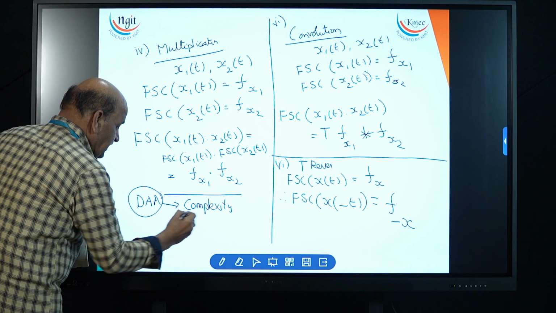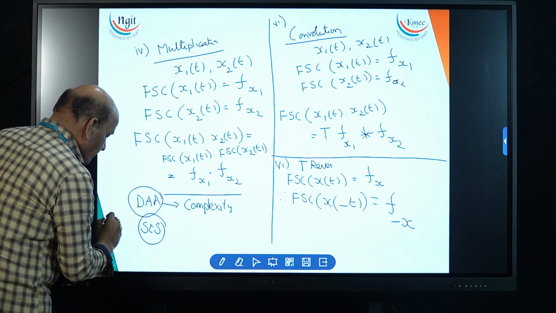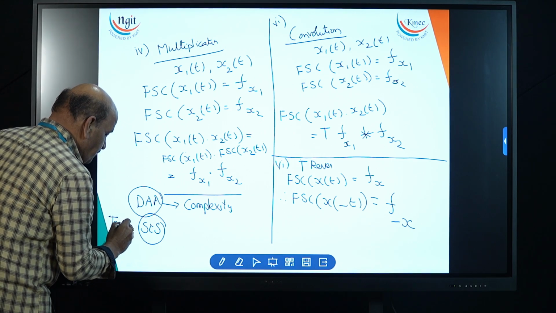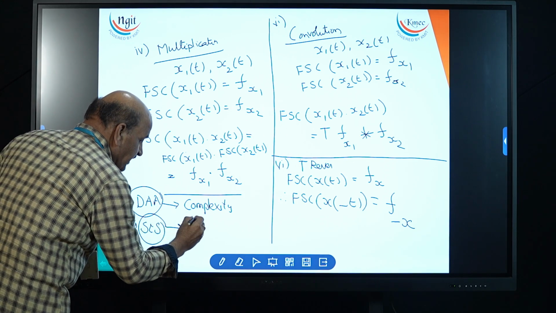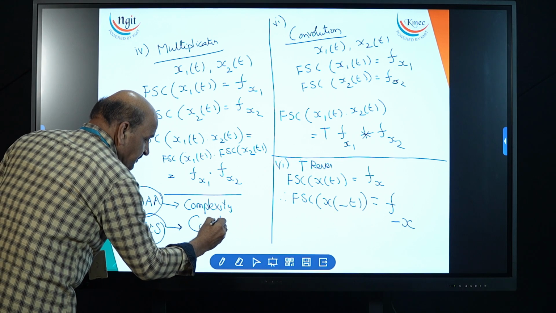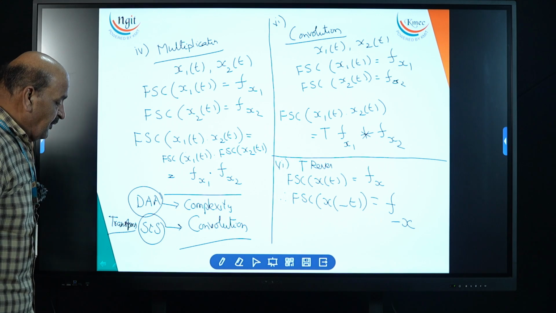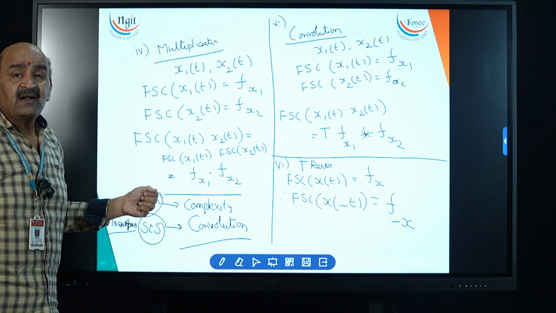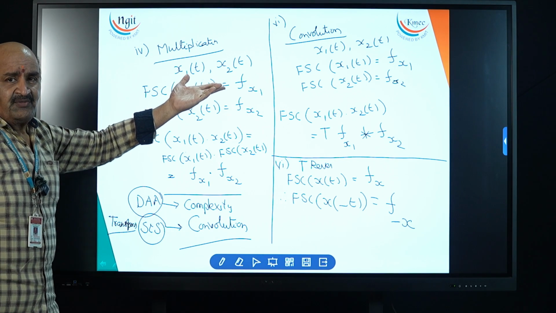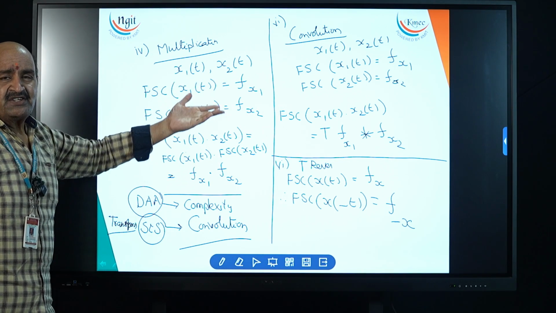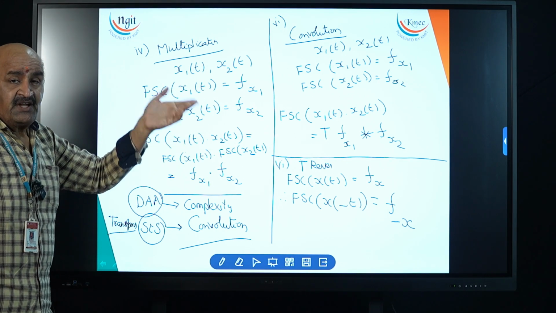Now, in electronics, that means signals and systems or transforms, Laplace transform, Fourier transforms, everything, we use the word convolution. There is no difference between these two. Make it a point. These are synonyms. Students have to understand this point very clearly. Complexity is nothing but convolution in Fourier transforms or Laplace transformations. Everything will be discussed again with in-depth concept in the third unit itself.